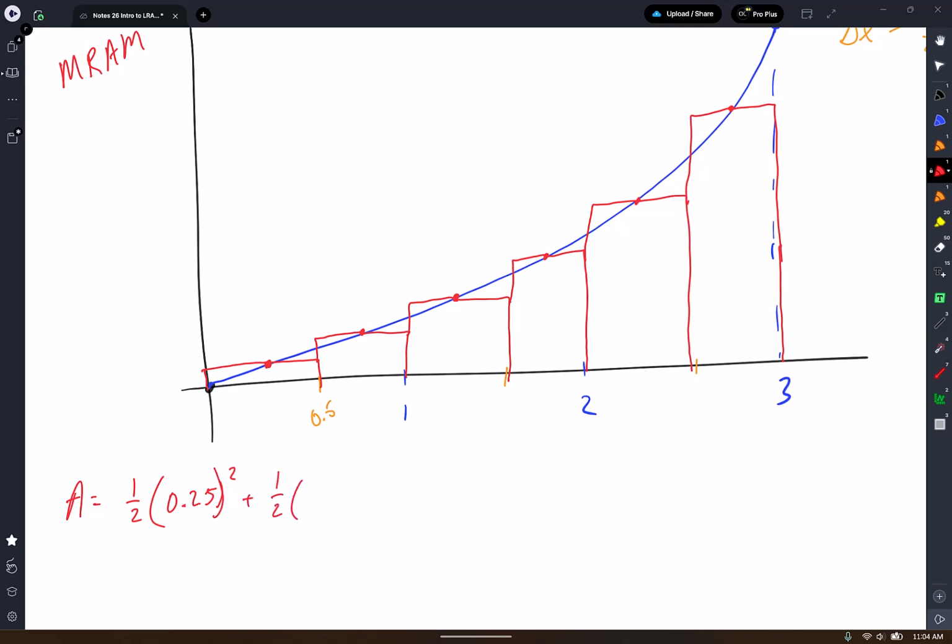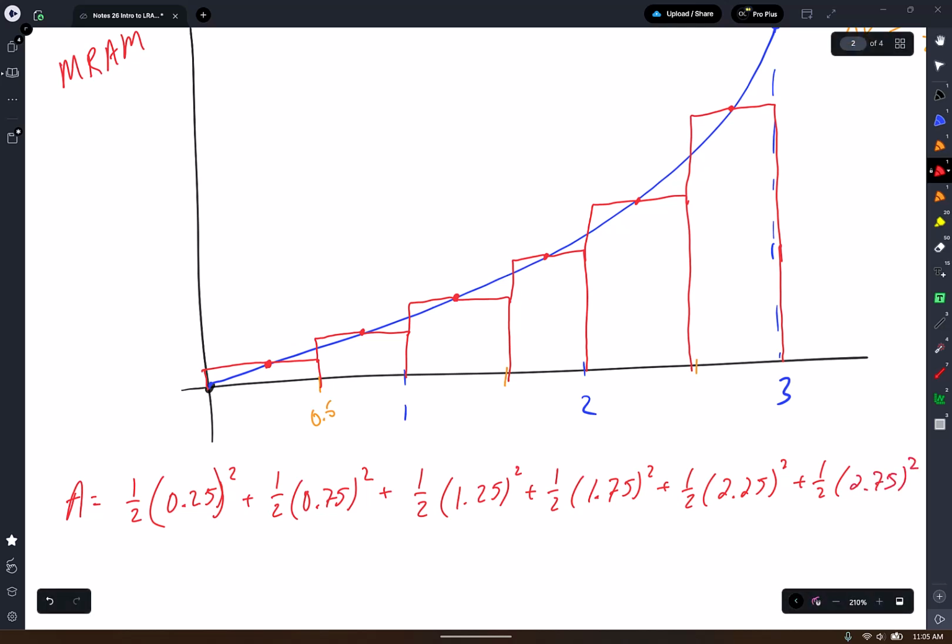Plus 1/2. The second rectangle is dictated by 0.75, whatever that is squared, plus 1/2. My third rectangle is dictated by 1.25, 1/2. 1.75, 1/2. 2.25, 1/2. 2.75, and there it is.